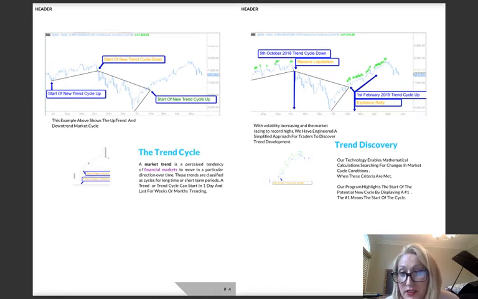With volatility increasing and the market racing to record highs, we've engineered a simplified approach for traders to discover trend development. As you can see, this chart in the upper right-hand corner is really tight. If it were bigger and spread out, you could see the numbers 1, 2, 3, 4. But you can see here that in the beginning of the trend going up, there was a 1.